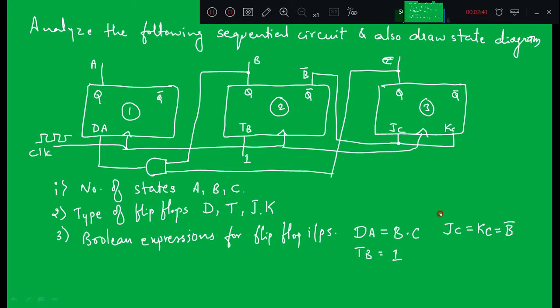So now using these Boolean expressions, we are going to write the excitation table. In this excitation table, first we are going to write the present states.